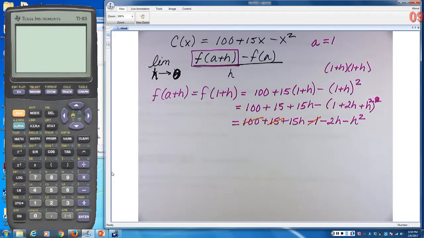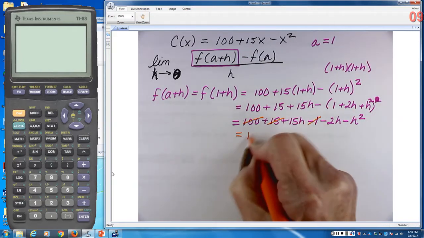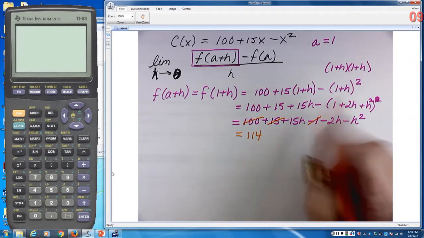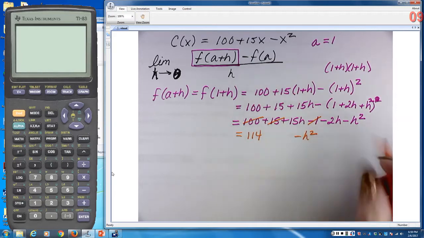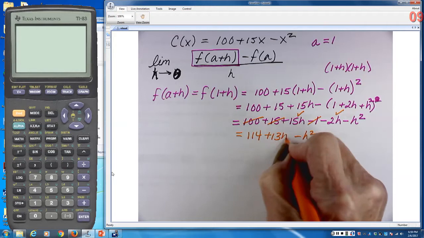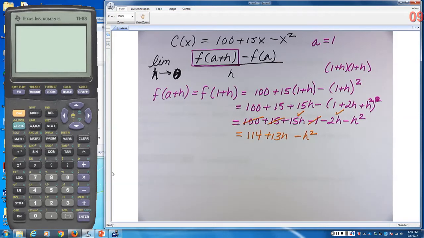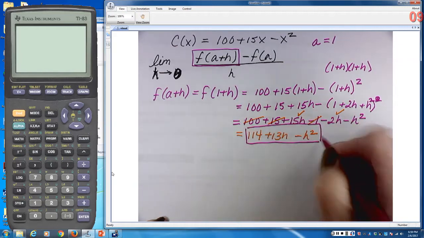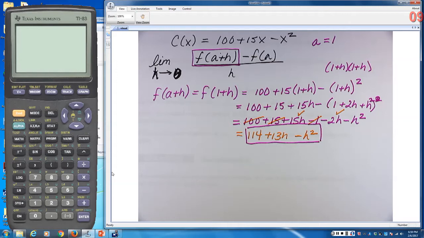Minus 1 is 114. There's nothing to do with the h squared out here, so I'm going to leave it alone. But 15h minus 2h is 13h. Okay? So this is f of a plus h. I'm not going to do anything else with it yet. I'm just going to say that's what it is.